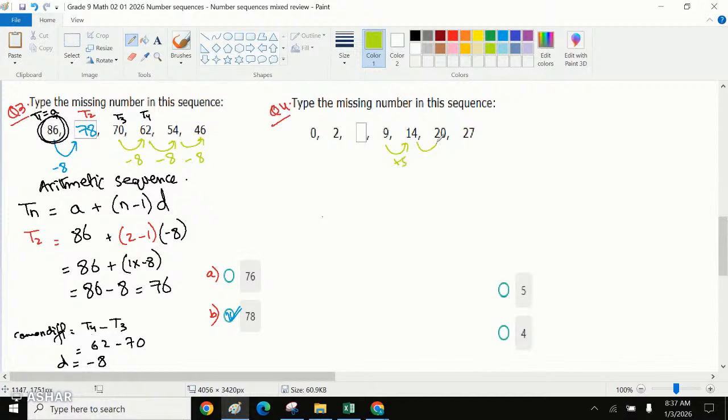That's a +5, right? +6, +7, right? Then this should be +4, or this should be -4. So 9 minus 4 is? What should be the answer? Option A or option B? Yes, 5 is your answer. That is option number A. Thank you so much for the answer.